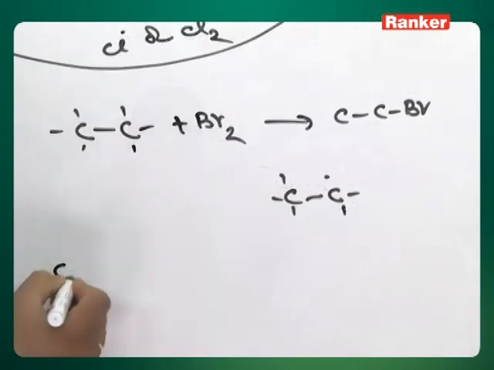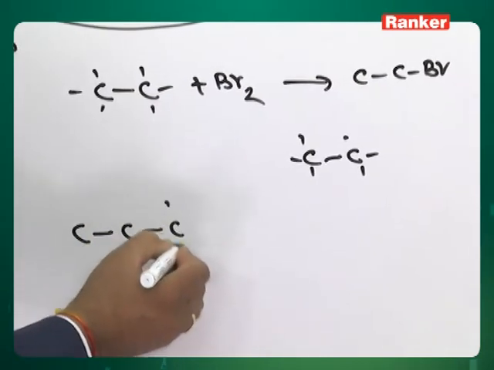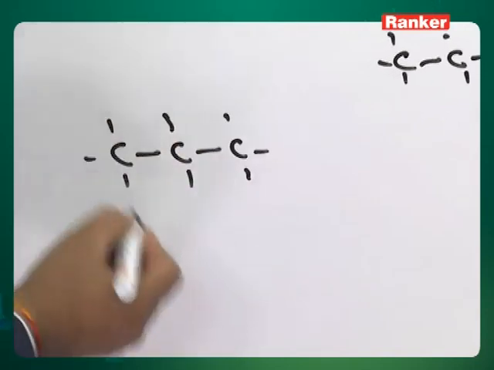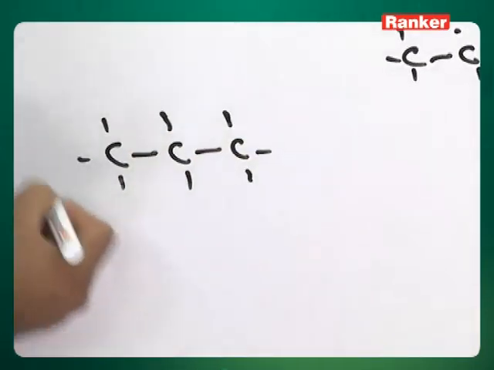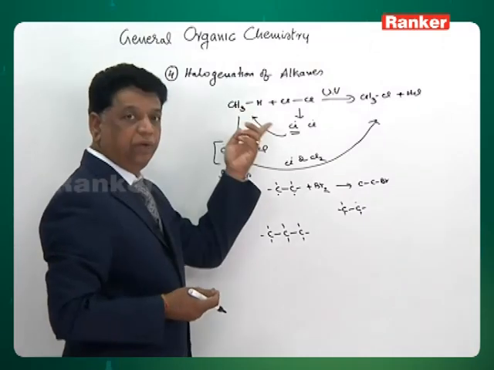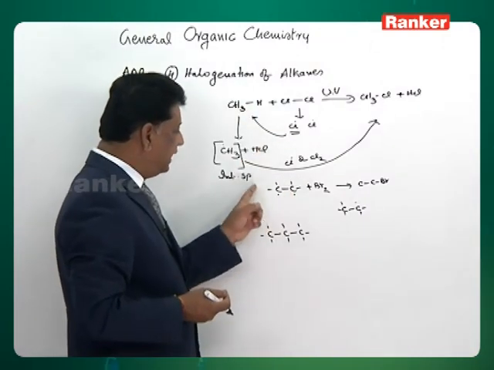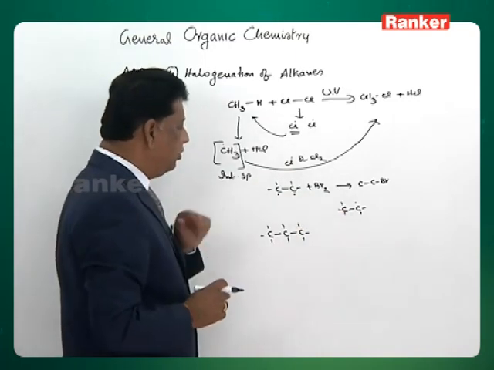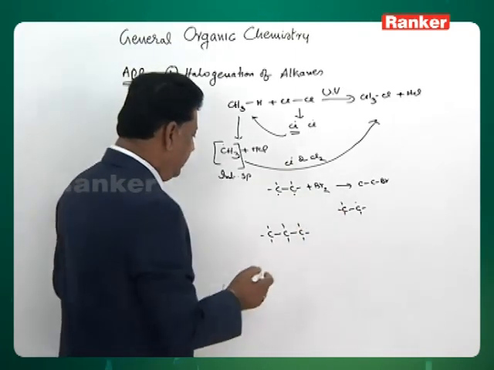But if I give an example like propane, how many hydrogens will be there? Eight hydrogens are there now, and all these hydrogens are not identical. In the previous case, you could remove any one hydrogen. Here, of the 6 hydrogens on the end carbons, any one you remove gives the same intermediate, but overall you are going to get 2 different intermediates.